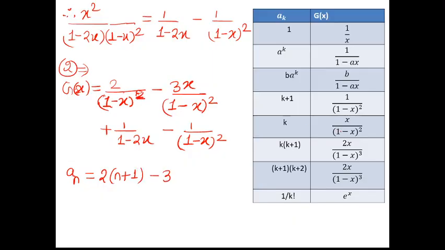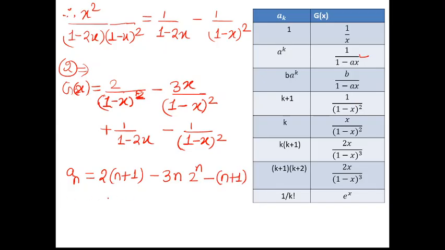Then for x upon 1 minus x whole square we have n only. So 3 being a constant as it is, and here 1 upon 1 minus 2x fits in this formula, where a is nothing but 2. So as per this, the general term is 2 raised to n, minus, again 1 upon 1 minus x whole square gives you n plus 1.